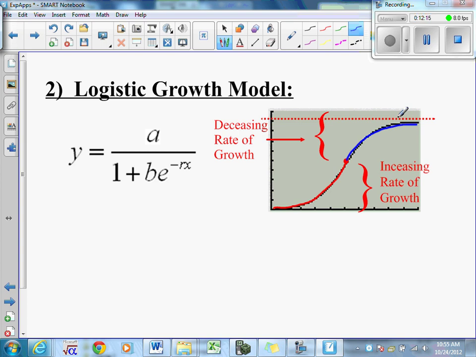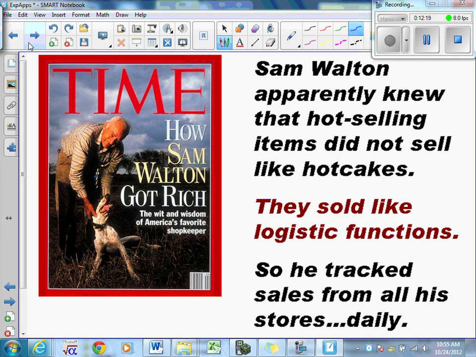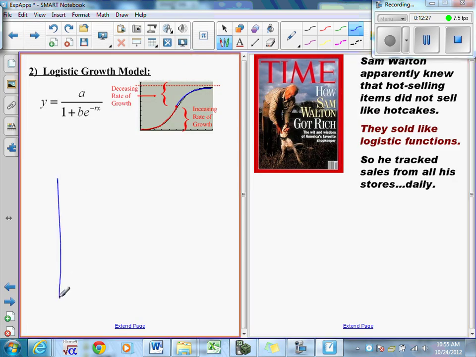One area this is used a lot is in stores. Very famous example of Walmart, Sam Walton, understanding this. And he would be able to track the growth. And many stores, when they would see this, they would say, oh, still going up. We need to order more stuff, buy more of whatever.